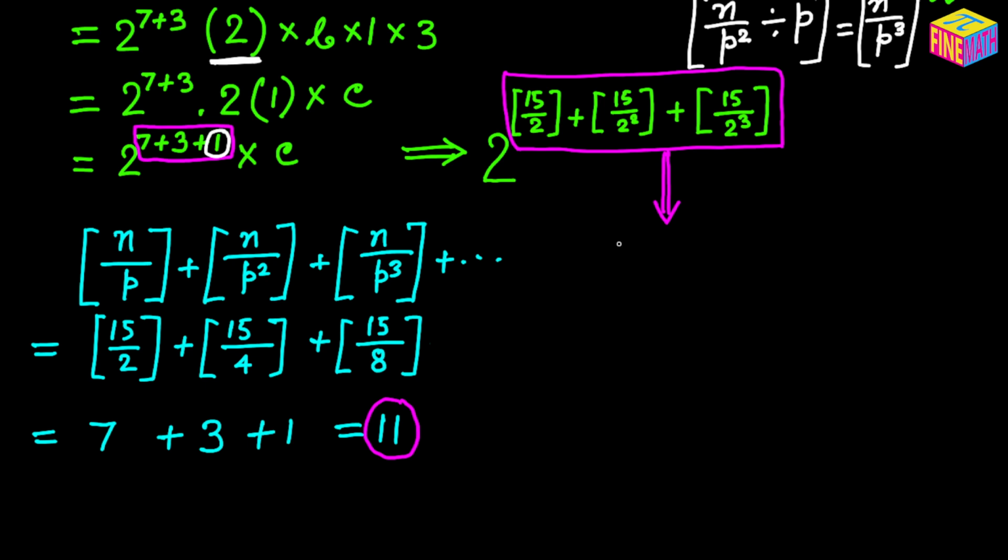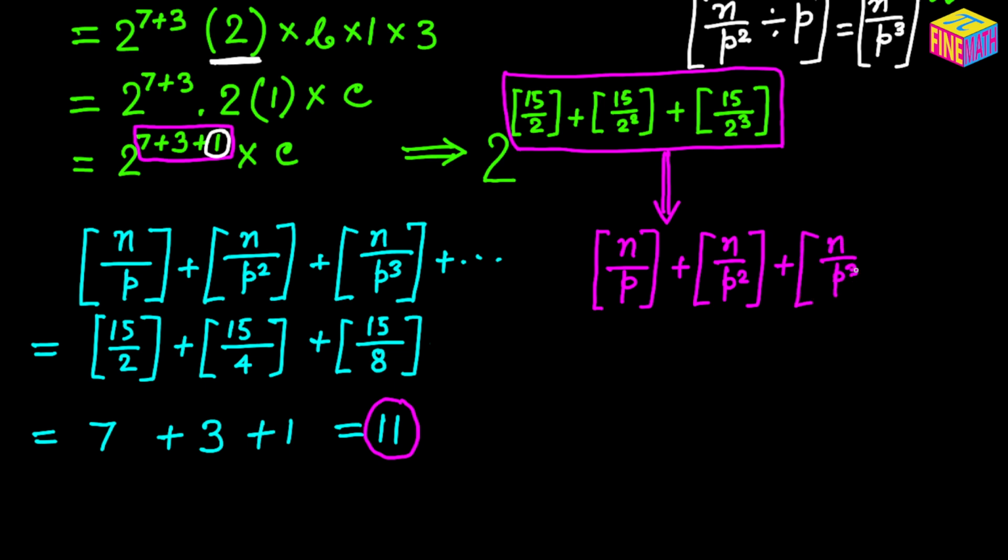It is actually the greatest integer of n divided by p, plus the greatest integer of n divided by p squared, plus the greatest integer of n divided by p cubed. In our example we stopped at p cubed because we only went with number 15 and prime as 2, but it could continue even further until this greatest integer starts to become 0, right?